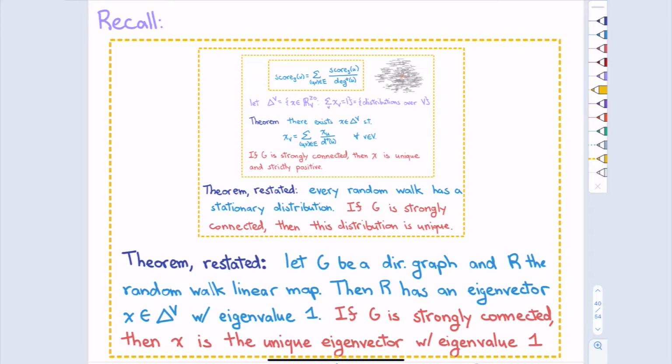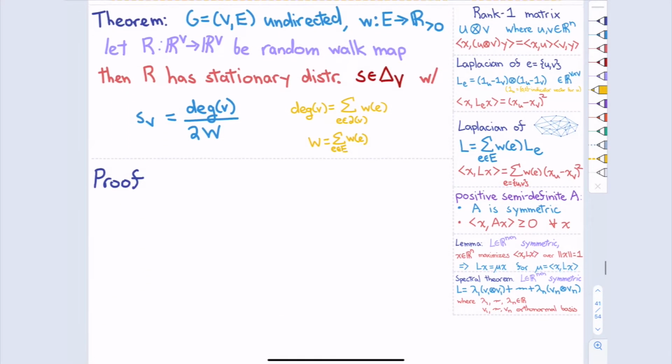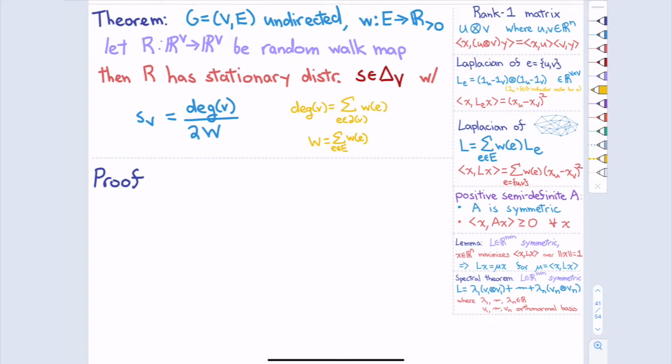So remember, a few lectures ago, when we talked about PageRank and the existence of a stationary distribution. So there's something with eigenvalue 1. Compare that now to this theorem, which only holds for undirected graphs. Last time we did directed graphs, which is more general.